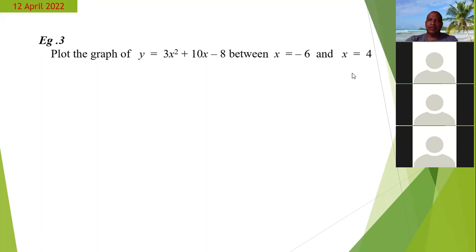In the next row, you have a row for 3x squared. Then you will have a row for +10x. And then you'll have a row for -8. And then the final row will be the row for y. Based on how many terms are in the equation, that will help to determine the number of rows.